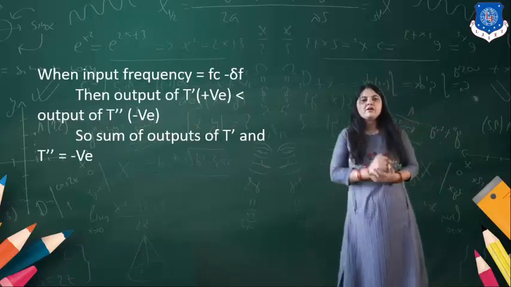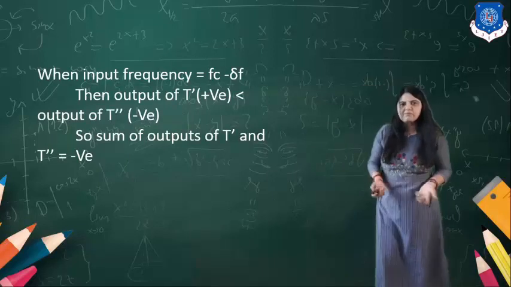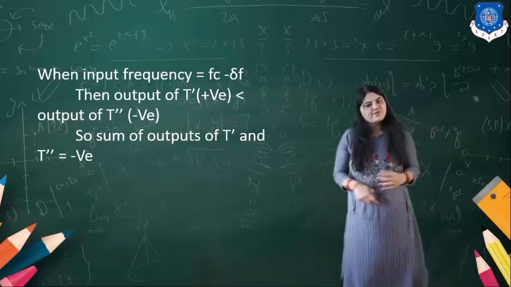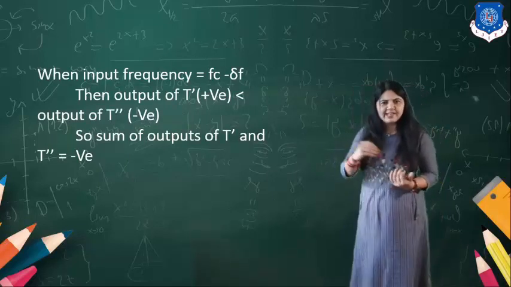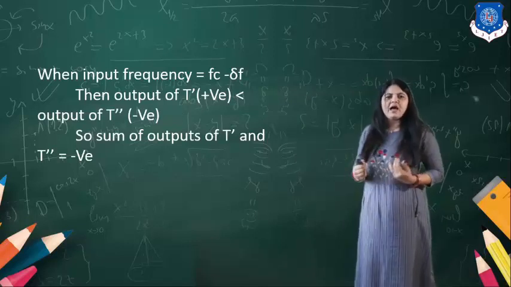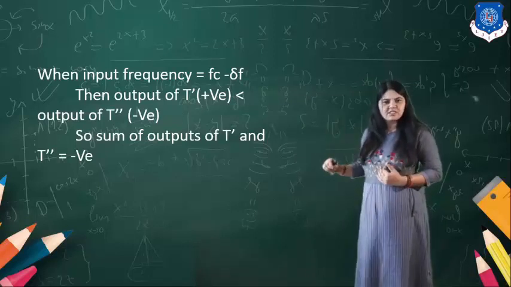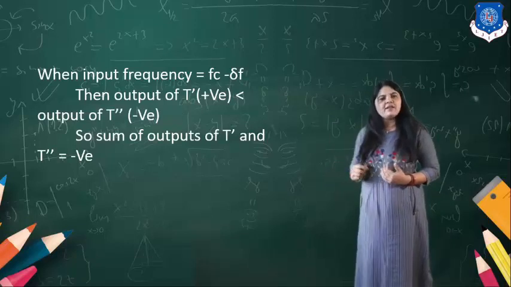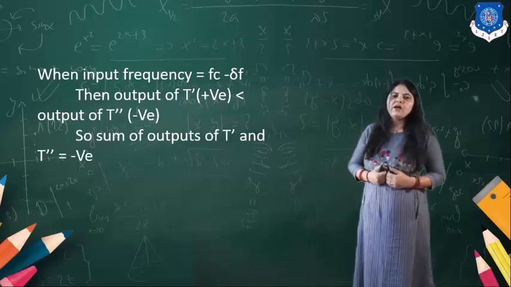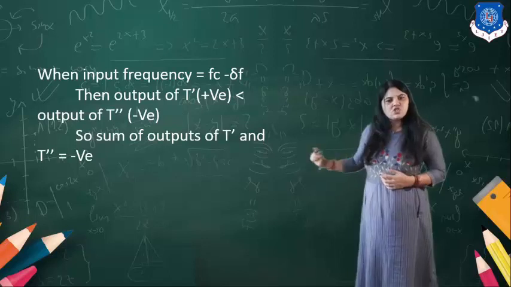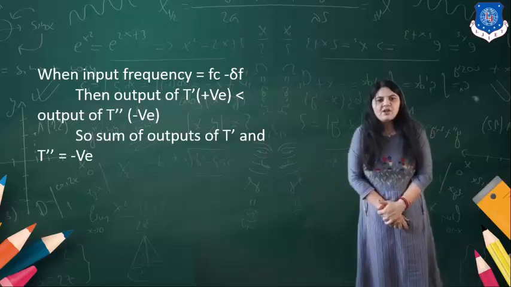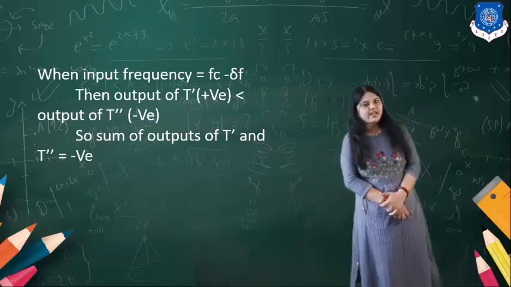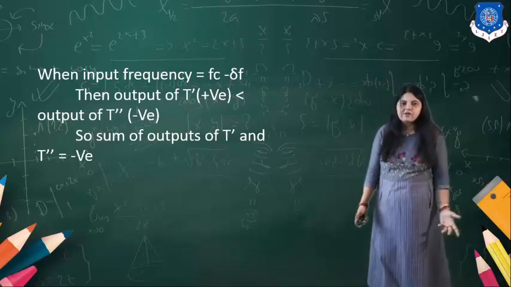Similarly, when the input frequency is Fc minus delta F, the output of T dash is positive but less than the output of T double dash, which is negative. So the summation of T dash and T double dash is negative.